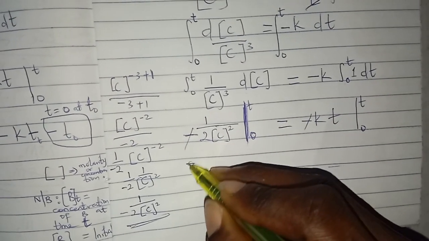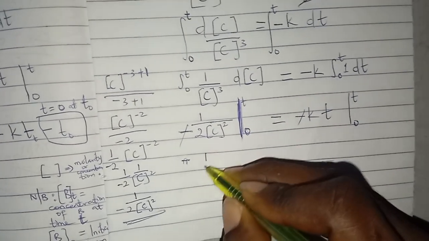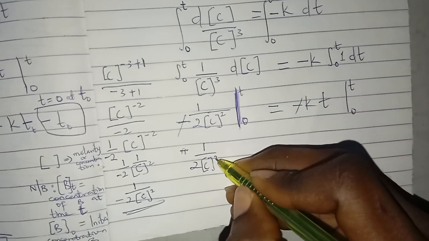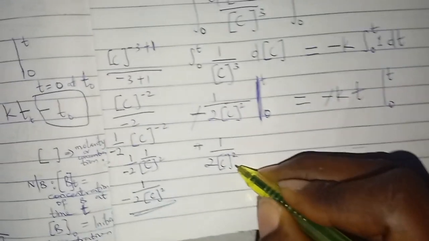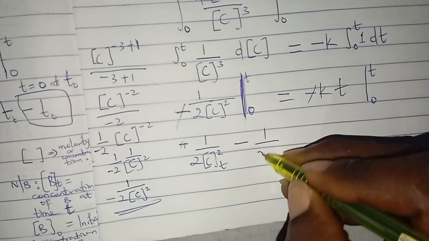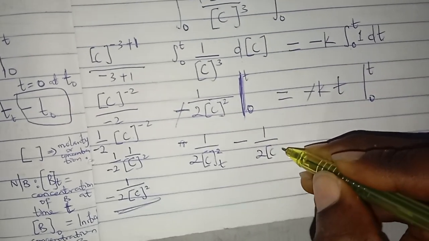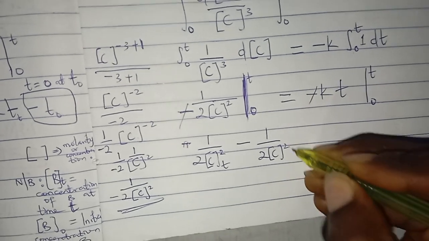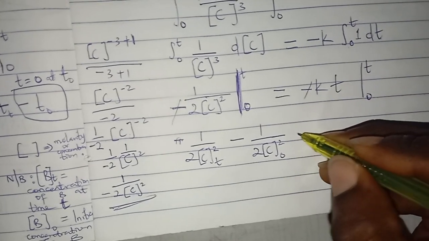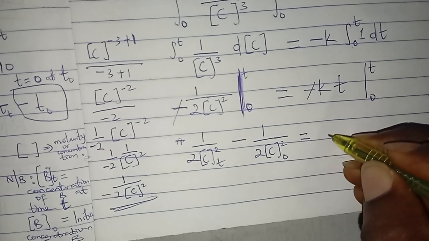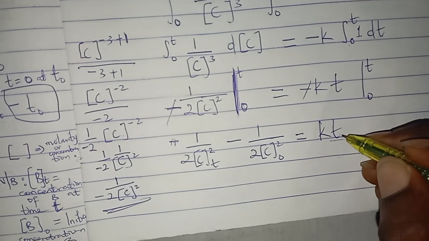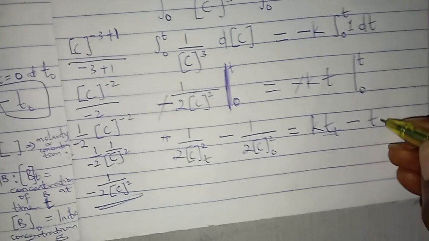So I have 1 over 2c square at t minus 1 over 2 concentration of c square initial, this 0 means initial, equals to kt at t minus t at 0.